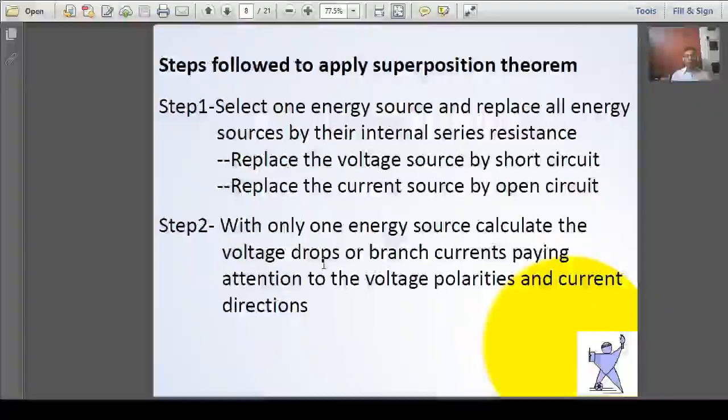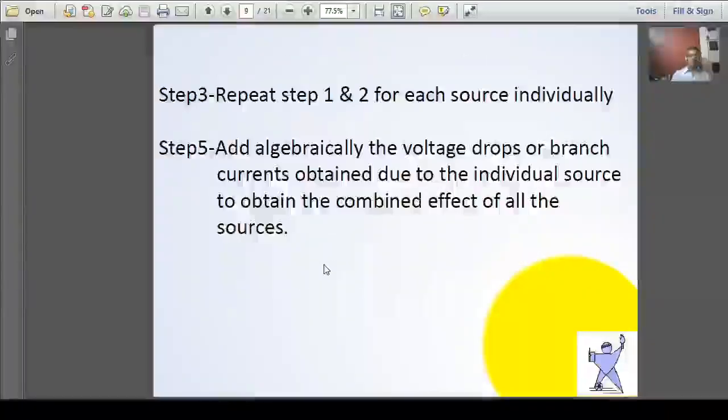In this way we can calculate the voltage or current, a voltage drop or a branch current, with proper voltage polarities and current directions. In the third step, we'll take the second energy source and repeat steps 1 and 2. So we'll do steps 1 and 2 for all the sources individually.